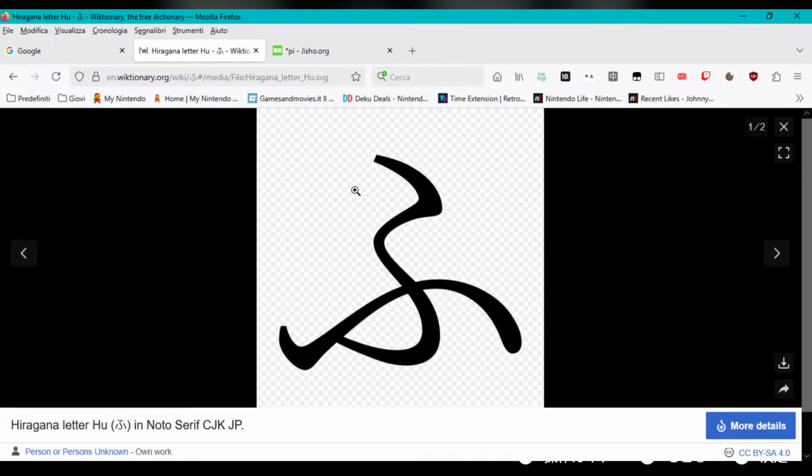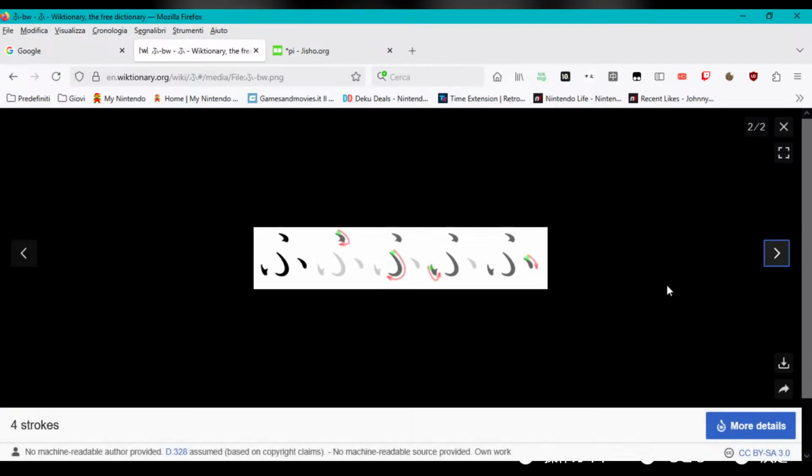And so we have it here. We start from the top to bottom, and left to right. Top to bottom, left to right. But this isn't the most common way to write it. This is the most common way, and much easier. Quite convenient.